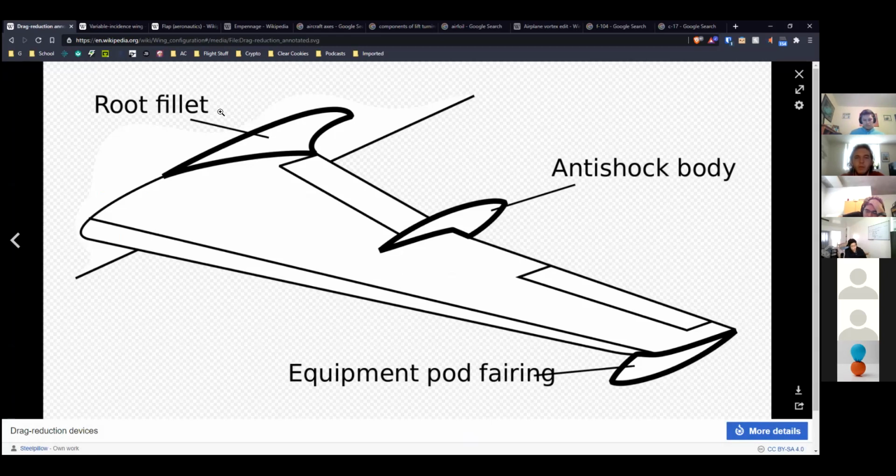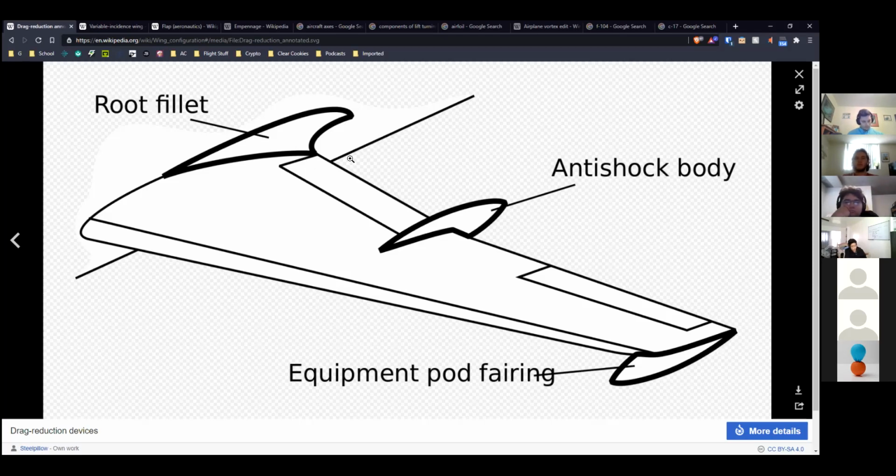The places where I've seen it in a serious design that doesn't use it is usually only because it would get in the way of something else. So like a Cessna 172, all the Cessna aircraft, for example, they don't have these because right where the wing meets the fuselage is also where the door is to the plane and the window. So if you had this, it would block the door. So they basically don't have the option to put one in there.